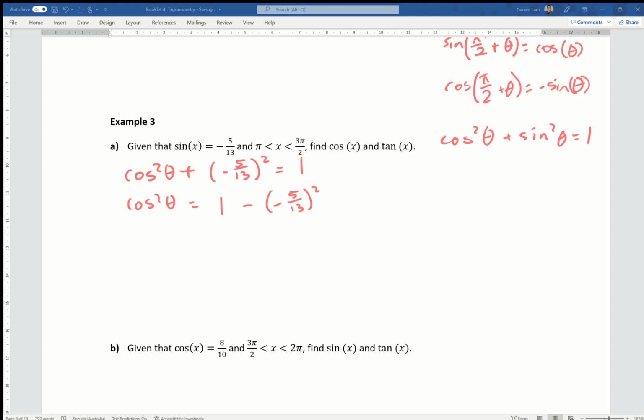So 1 minus brackets negative 5 on 13 squared, which equals 144 over 169, which to me looks like two perfectly square numbers. Which means we can square root both sides. I get cosine of theta equals the square root of 144 over 169, remember plus or minus, which equals plus or minus 12 on 13.